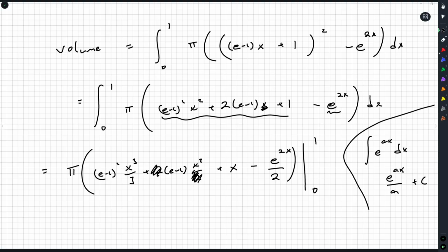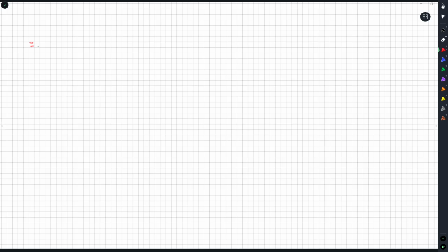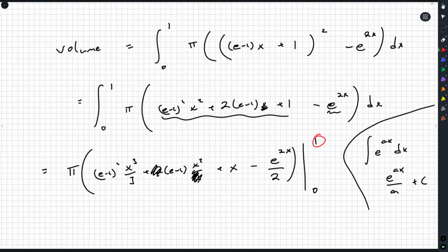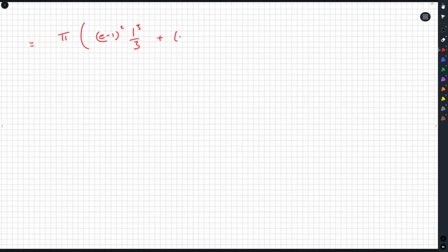Okay, so let's get through. So we'll plug in 1. I'll do that in red on the next page. So we've got pi (e − 1)² times 1 cubed over 3, plus (e − 1) times 1 squared, so that's just (e − 1), and then plus 1, minus e to the 2 times 1, so that'll be e squared over 2.